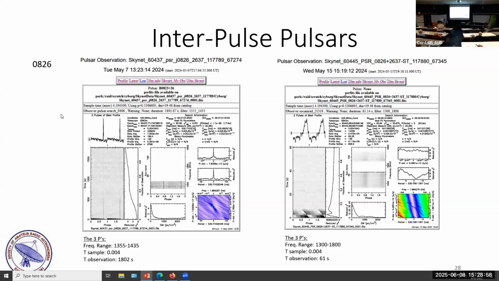And here we have this one. The one on the right has a longer range and the same integration time, but the one on the left has a much larger observation time.